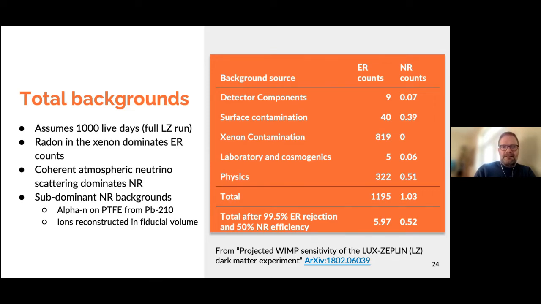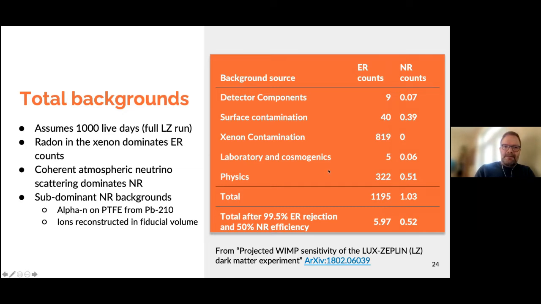And once you've done all this, this is what you expect over the lifetime of the experiment. Here are the background sources, distinguished into electron recoils and nuclear recoils, and you see that most of this comes from electron recoils. There are the detector components: you expect nine events, surface contamination 40, and xenon contamination is the largest contribution with around 800, and you're limited in what you can do there.